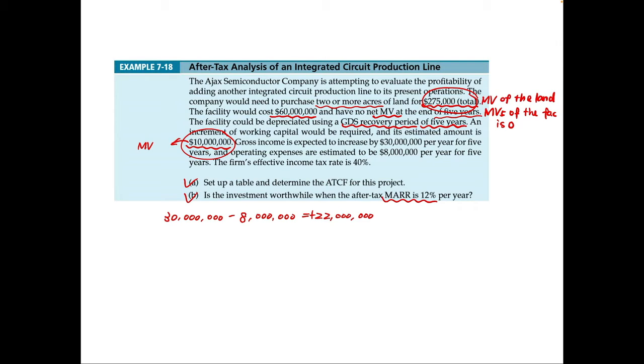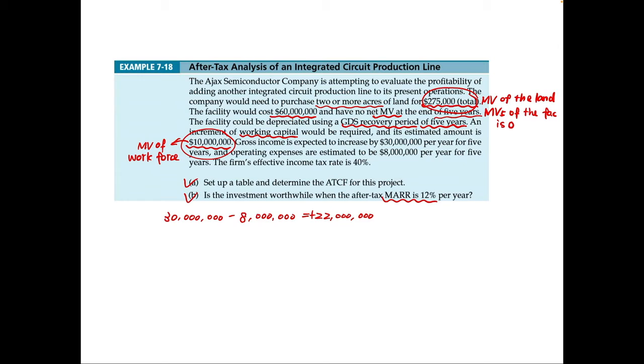Remember that land is not depreciated. It's not depreciable, so you need to keep that in mind. An increment of working capital, because you need to hire people, would be required as well, and its estimated amount is 10 million. So the MV of the workforce is 10 million, and it's not depreciable as well.